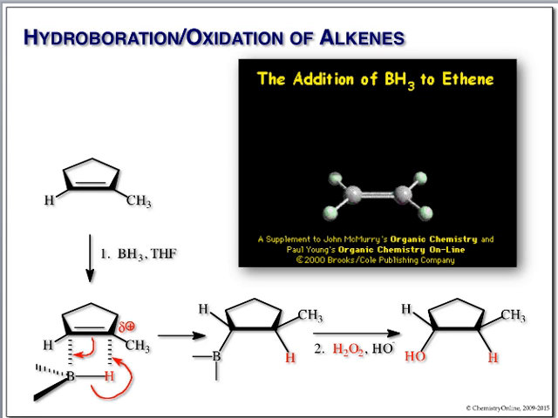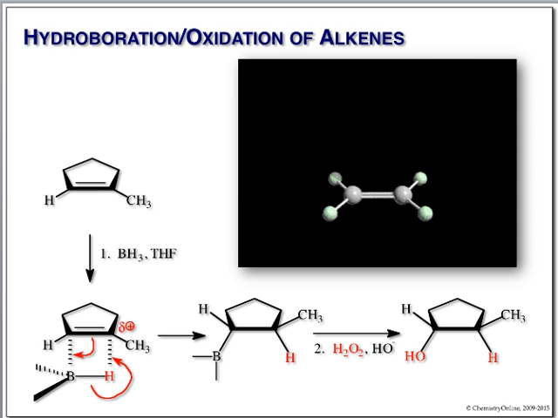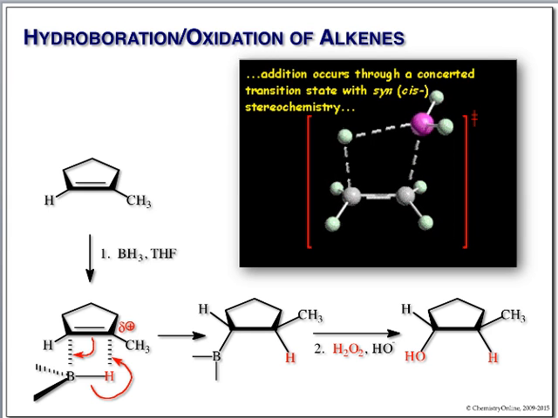Second step, peroxide, boron goes, and we're left with the hydroxyl group. Let's watch the movie. Step one. Here comes our boron. And you'll note, this is what I mean by concerted.